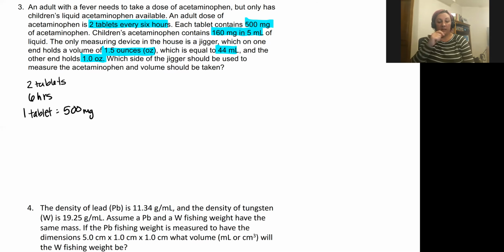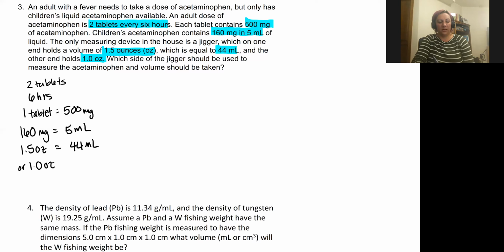And I know that children's acetaminophen has 160 milligrams in every 5 milliliters of liquid. I also know that 1.5 ounces is going to be equal, and these are fluid ounces, to 44 milliliters. And my 1.0 ounce I don't have, but I could figure that out by converting into ounces, like how many milliliters that jigger holds.